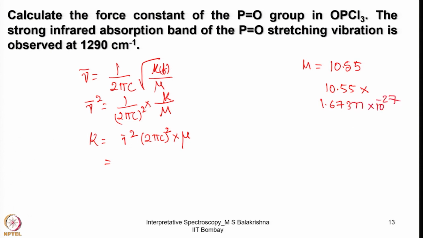After simplifying, if you add all the values, one can get 1044.91 newtons per meter. Everything is known except the stretching force constant, and you can calculate using this method. A little difference comes, that's okay, that is allowed.